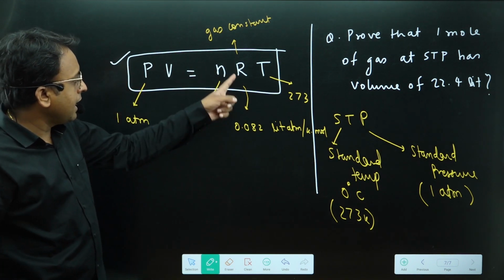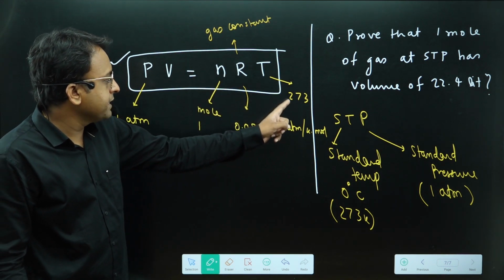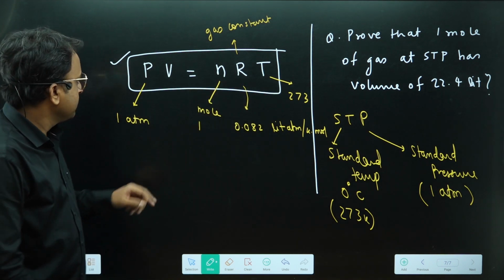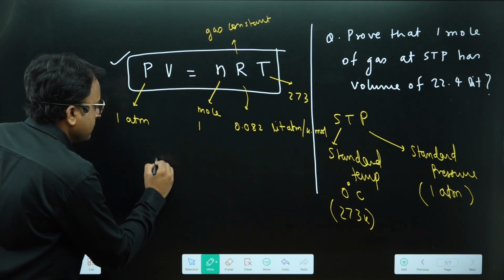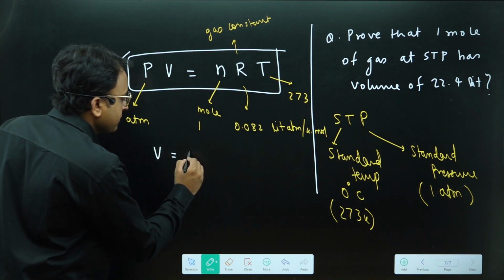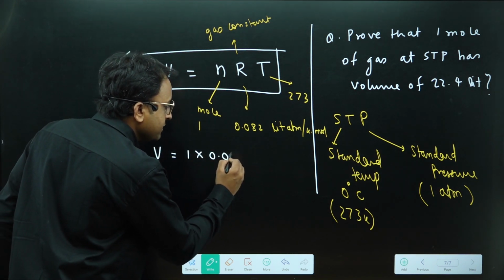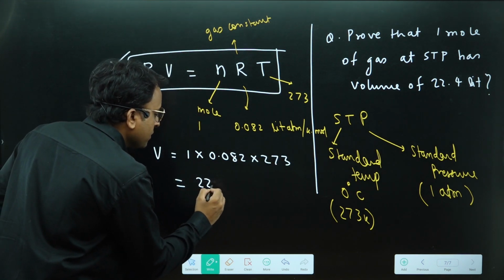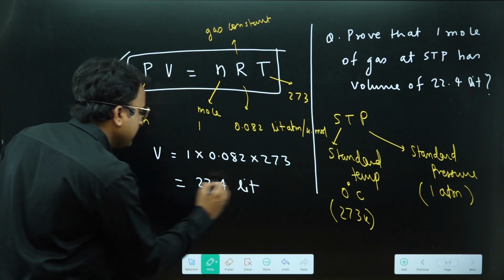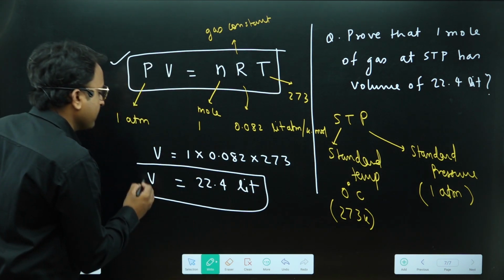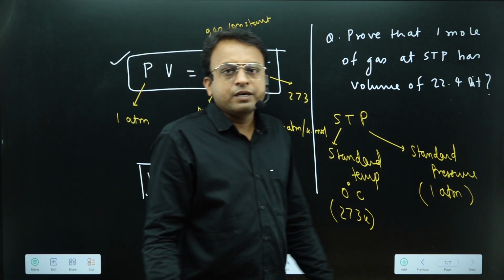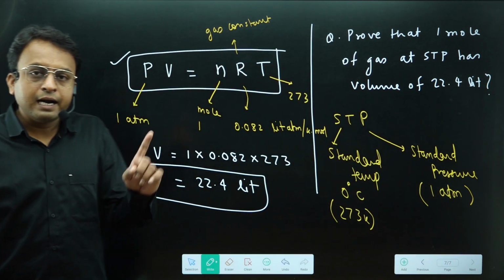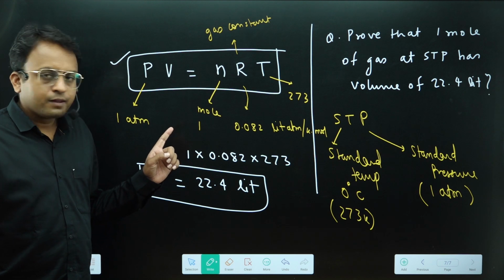Mole is 1, R is 0.082, temperature is 273, and pressure is 1 atmosphere. So the volume becomes 1 into 0.082 into 273. It is around 22.4 liter. So volume of 1 mole of gas at STP is 22.4 liter. We have proved this according to ideal gas equation.